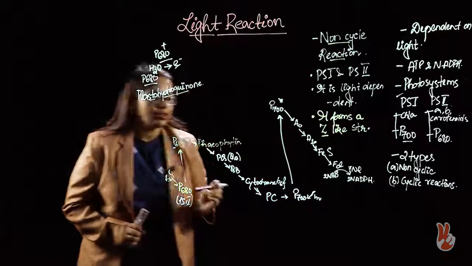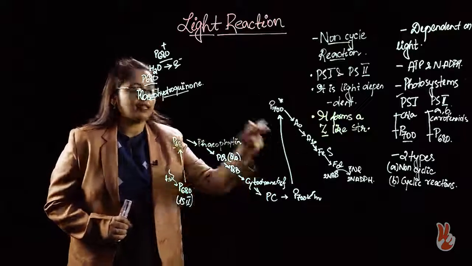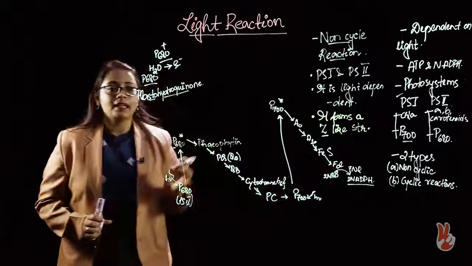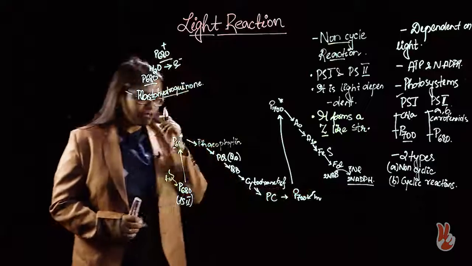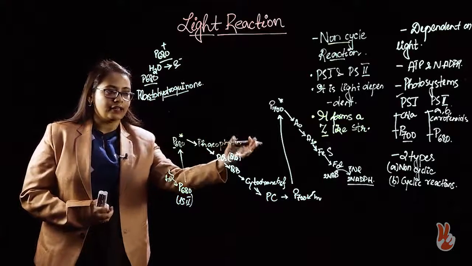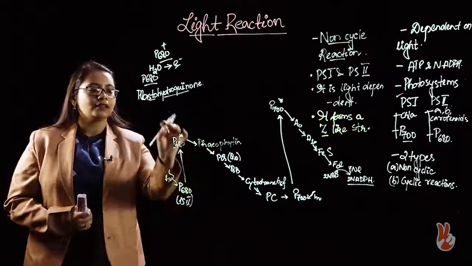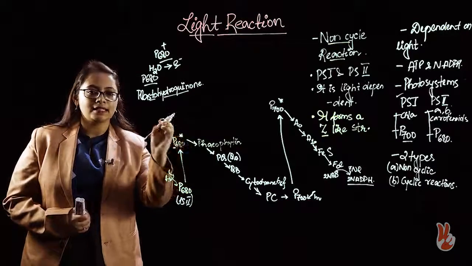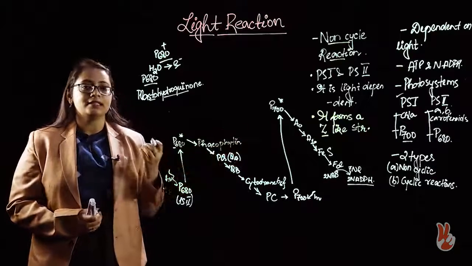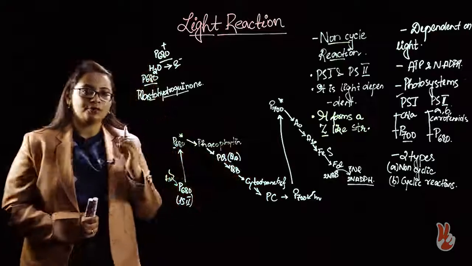So at the end we can see that the whole electron that is traveling will reach the NADPH. We have seen that at the end of this non-cyclic electron flow, the electron that was once given out by the P680 molecule is then accepted by the NADP plus, and is used to generate the NADPH molecule.